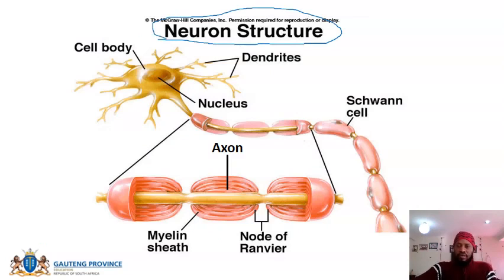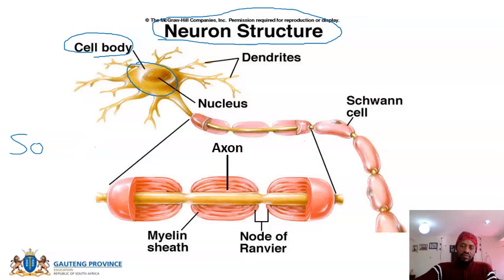The neuron at one point is made up of a cell body. That's how the cell body looks. We can also call it the soma. The cell body is more or less like a typical animal cell as you know it.